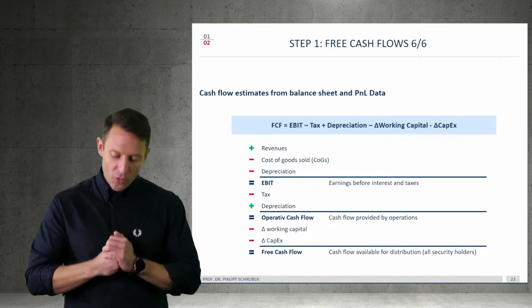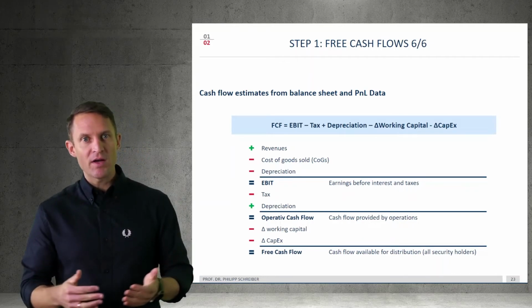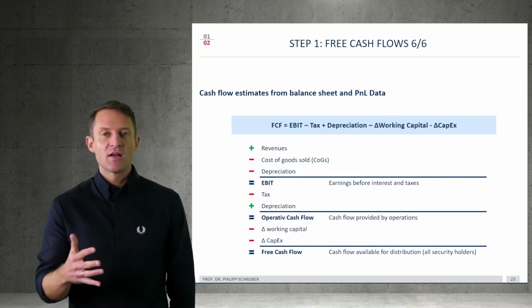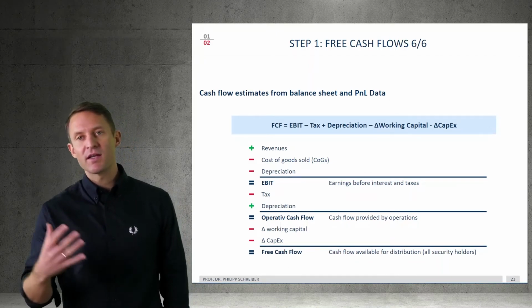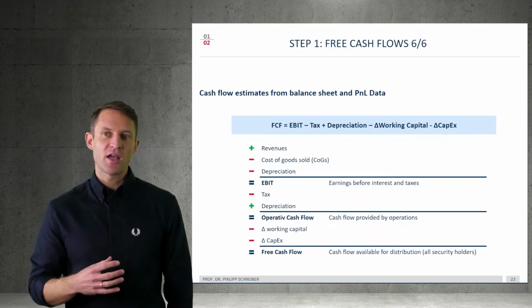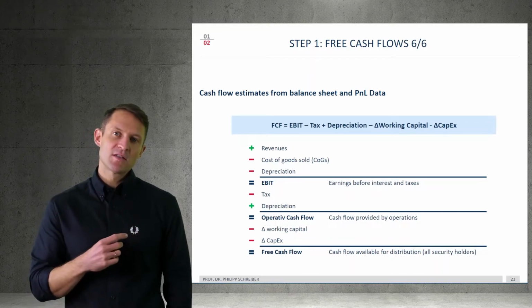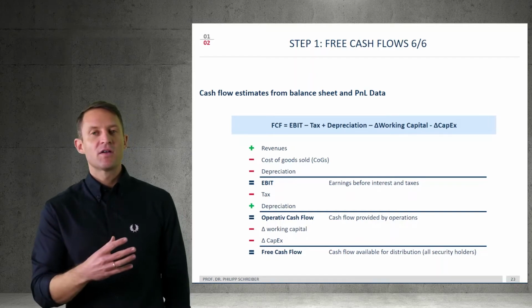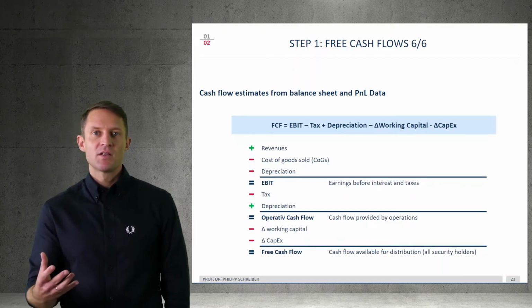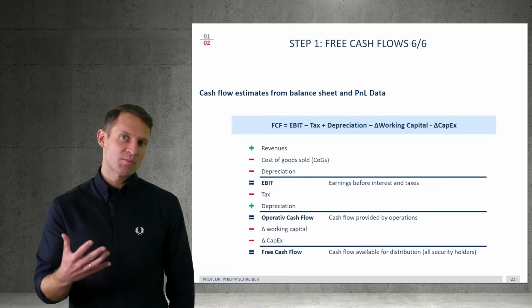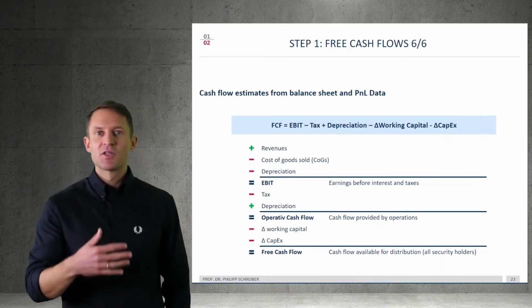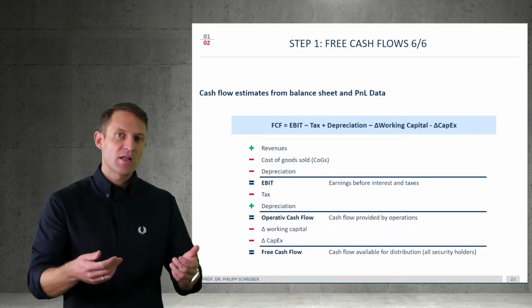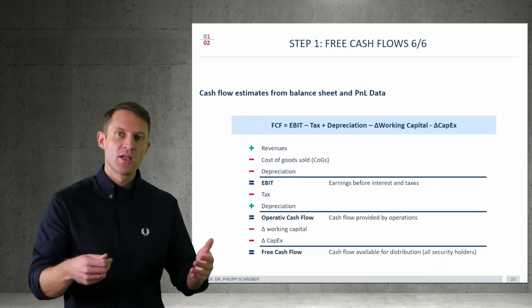Good. I hope that makes sense. This is the first step that we have to do. This is the most difficult and the most complicated step, calculating the free cash flow. The problem is we can only do this if a balance sheet is available. So we can only do this based on historical data because, in the year 2022, we cannot look at the balance sheet of the year 2023 or 2024.